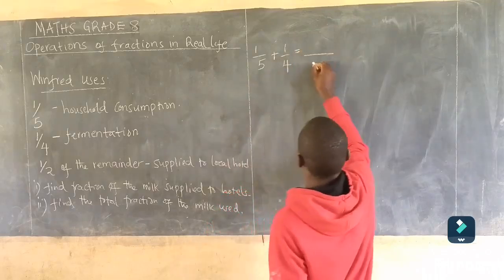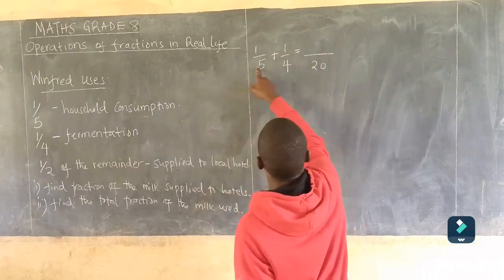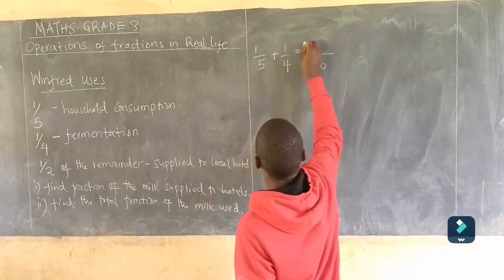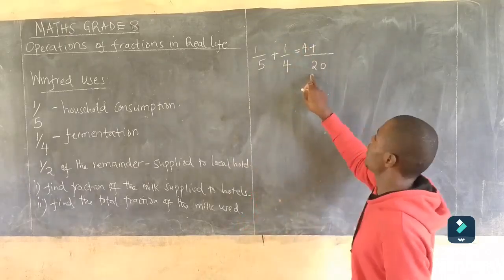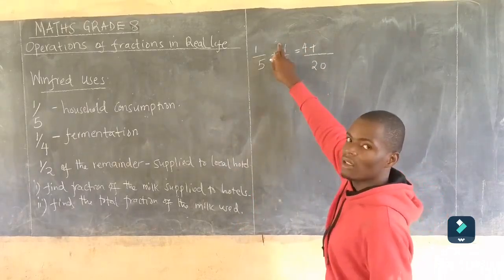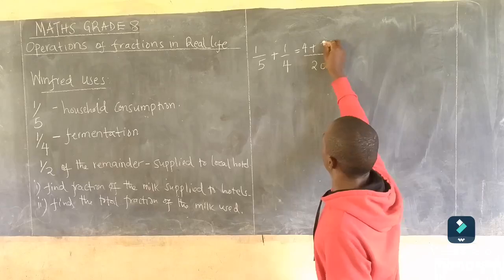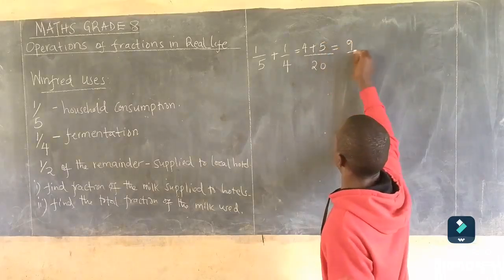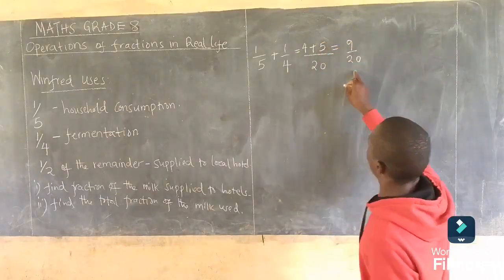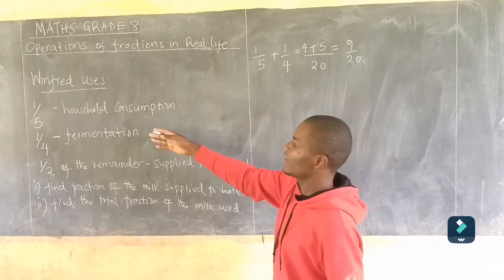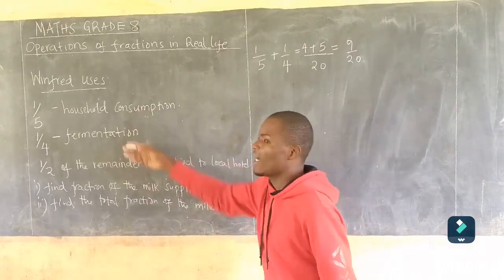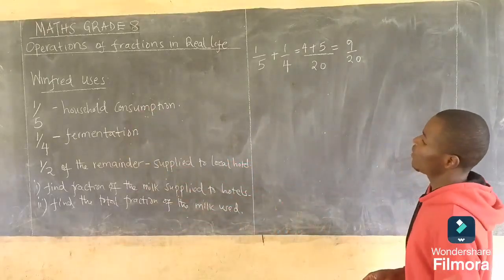So the LCM here is 20. 5 into 20, 4 times. 4 times 1 is 4. Plus 4 into 20, 5 times. 5 times 1 is 5. So 9 over 20. This 9 over 20 is what is spent on household consumption and fermentation.